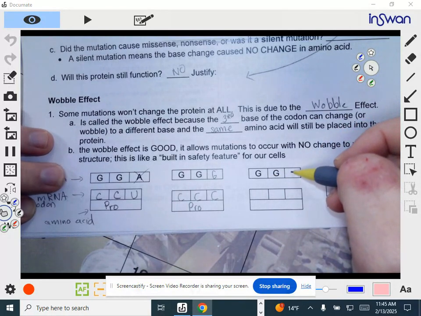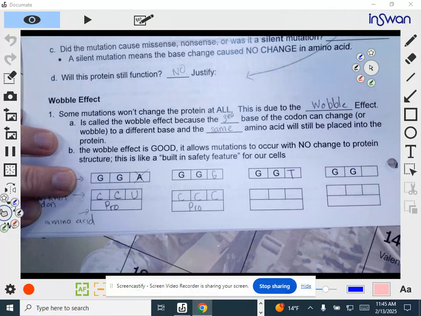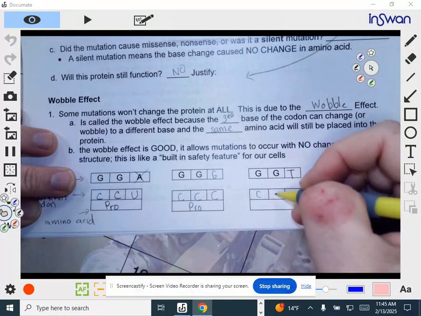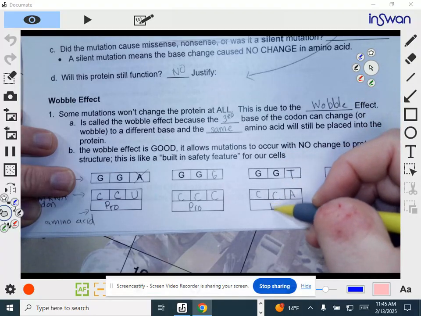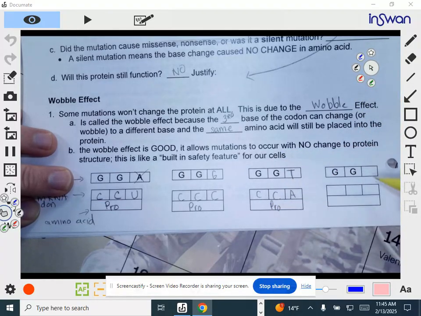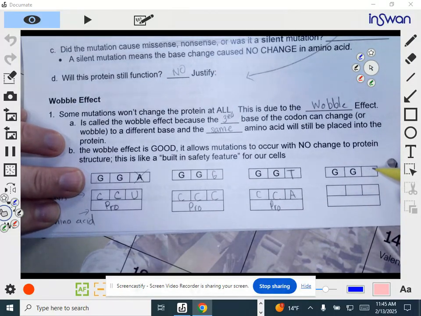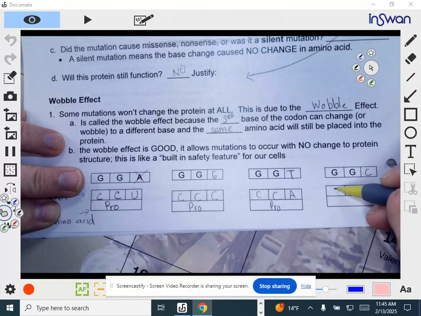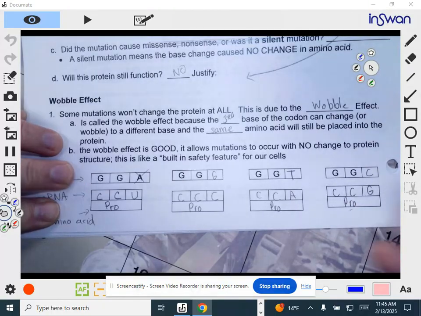The DNA, if it's mutated to GGT instead of GGA, you get CCA as the codon. If you look up CCA, still going to put in proline. And then finally, the last one. If it gets mutated instead of GGA, it says GGC. Our codon is going to be CCG, and it still codes for proline.